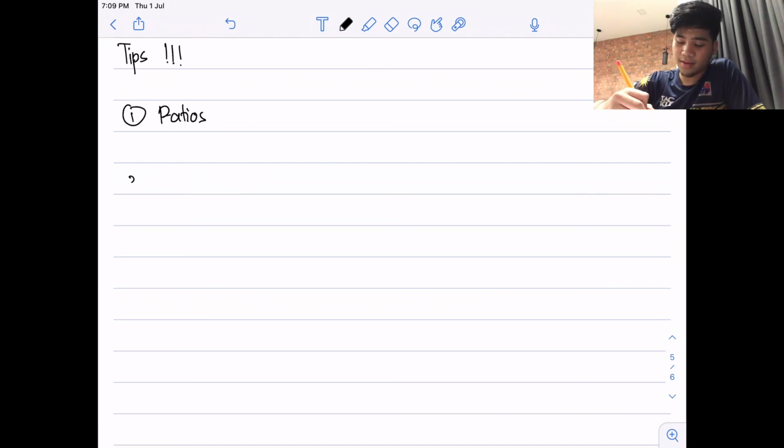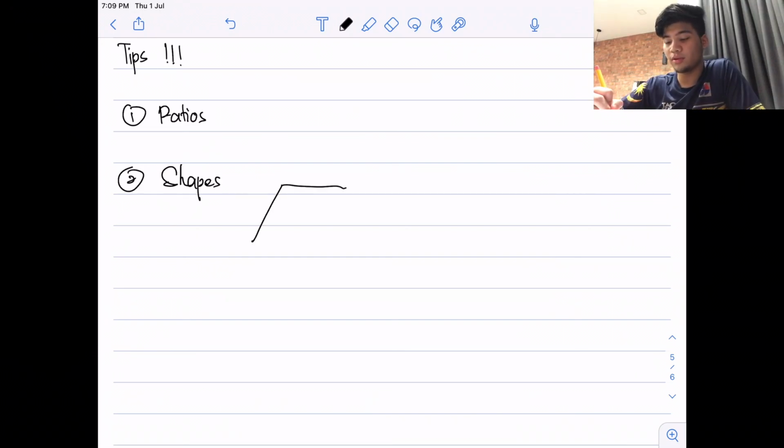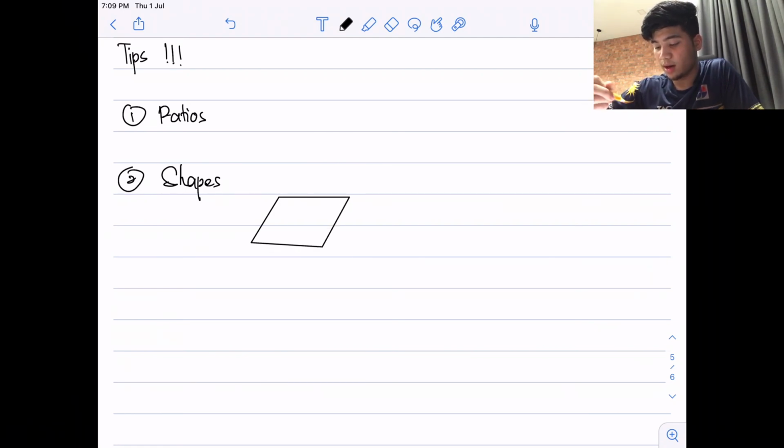I think number two would be about remembering shapes. Yes, shapes is a very important thing. Do not think that they will only be giving you a parallelogram or a square. They could give you a lot, you know. I've done questions where they gave me kites.